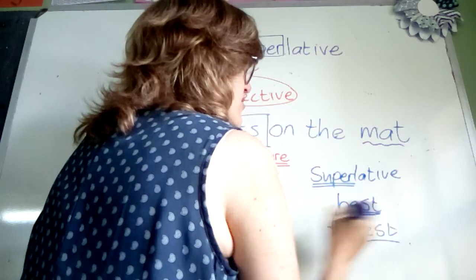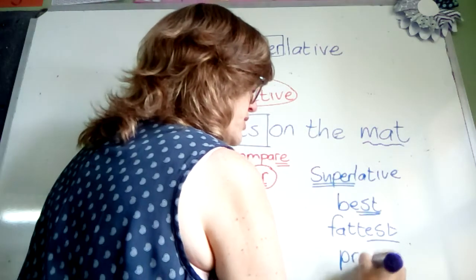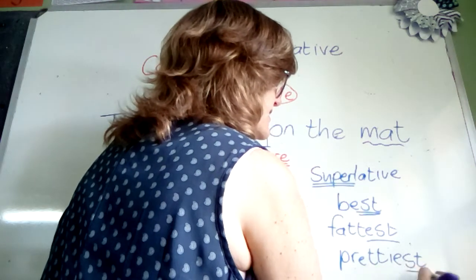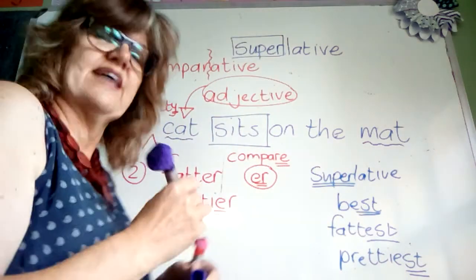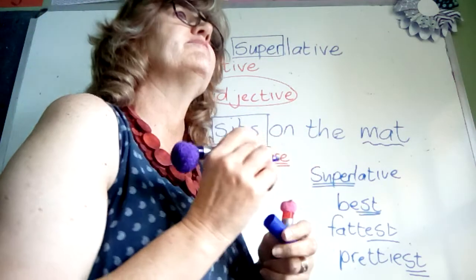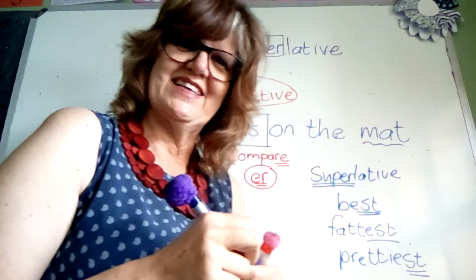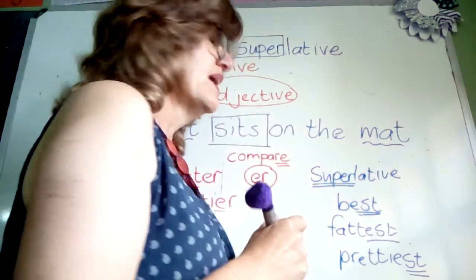Can you see the comparison there? He is the prettiest cat. He is the thinnest cat. He is the oldest cat. He is the blackest cat, if you want to say it that way. All right, cutest cat. Okay.